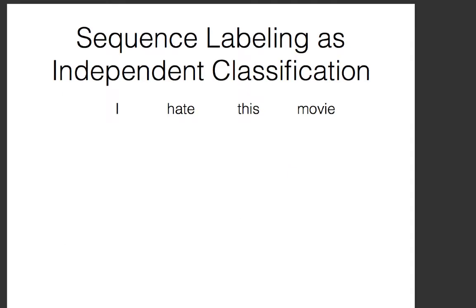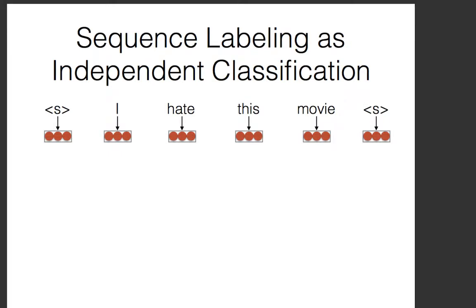So the easiest way to do this is independent classification. So basically what this is doing is, let's say we want to do this in the simplest way possible. What we do is we basically pad our sentence, and then we take all of these words, turn them into vectors using word embeddings or something like this. Then we have a classifier.